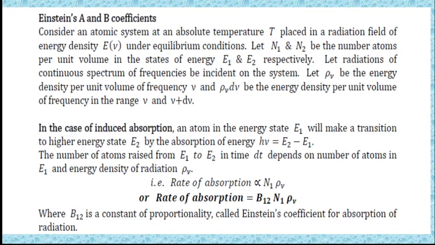Therefore, the rate of absorption, in the sense rate of upward transition, or rate of stimulated absorption, directly depends on N1 and rho nu, and will be equal to B12 N1 rho nu.